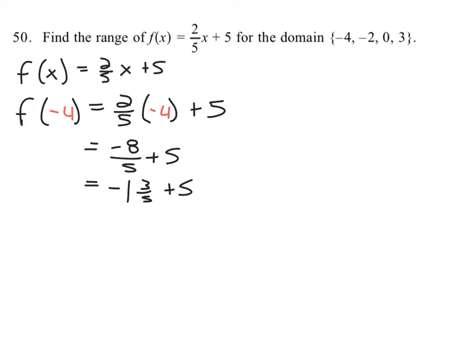So let me take away this 1 from here to get 4, and then take another 3/5 away, and that becomes 3 2/5. So that's one of our range values, one of the numbers that we get out, 3 2/5 for the number we put in.